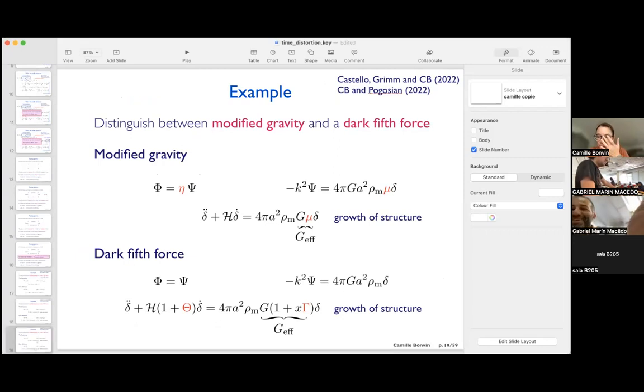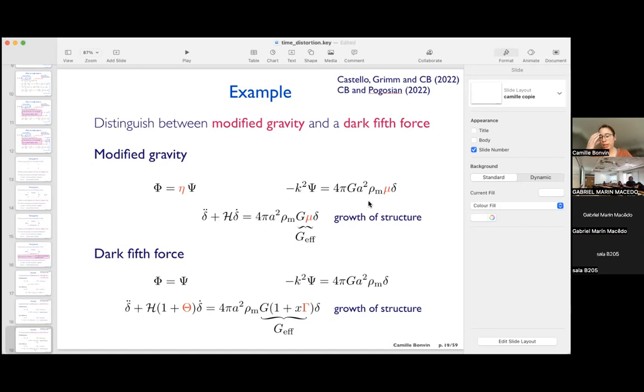Okay. Hi, Camille. I have a simple question. Are these parameters, eta, mu, gamma, theta, k-dependent, or do they depend on something, or are they just constants? In general, they depend on redshift, so they evolve with the redshift, and they also depend on scale.